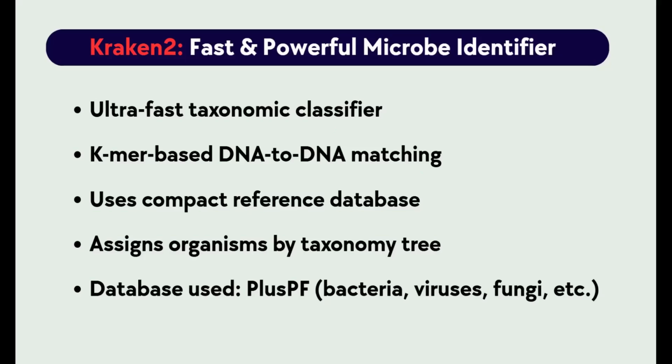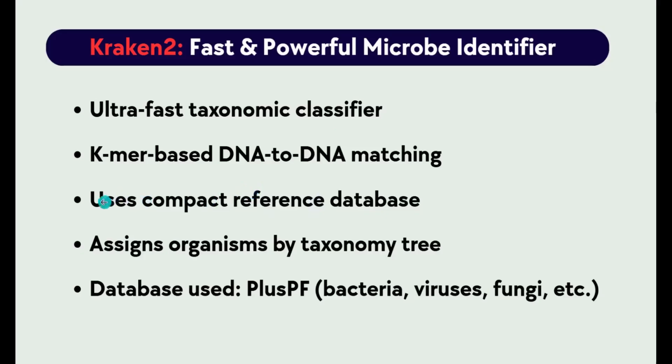And this is important because k-mer matching is much faster than full alignment methods. It's like comparing short words or phrases instead of whole sentences. It's faster, but still informative enough for our classification.